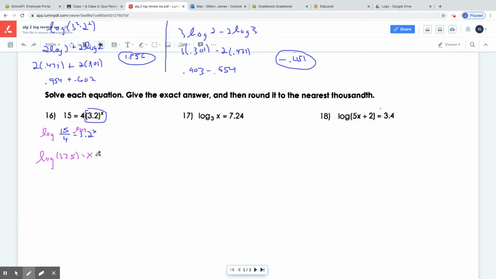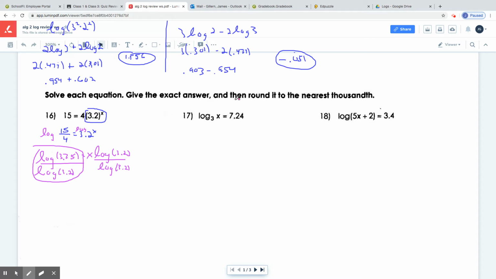So it's x log of 3.2. Then to solve for x, you just divide by log of 3.2. And this right here is your exact answer: log of 3.75 over log of 3.2.